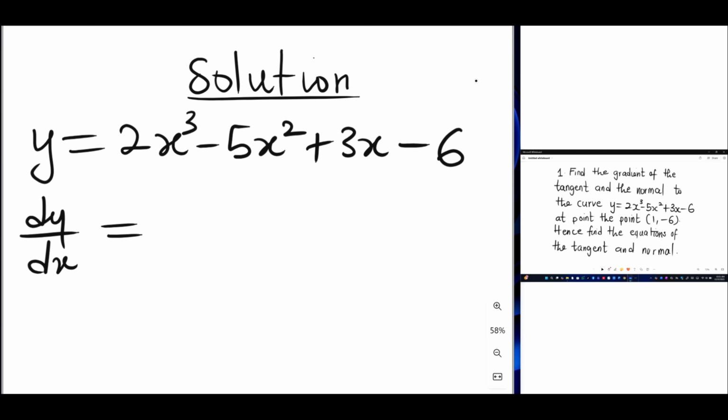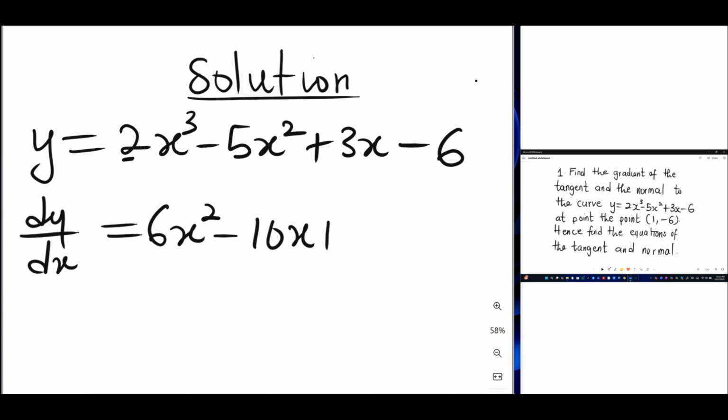So we have to differentiate the given function of the curve. When we differentiate the first term, we get 6x². The second term will give us 10x. We are just applying the power rule, so the power multiplies everything. The 3 will multiply the 2 and you get 6, and you reduce the power 3 by 1, so that is why it is now 2. You apply the same rule to each of the terms.